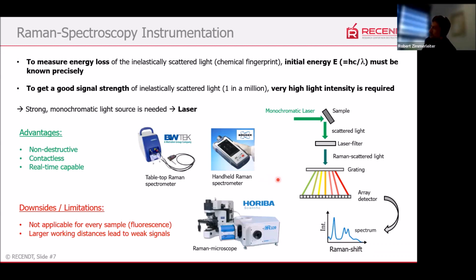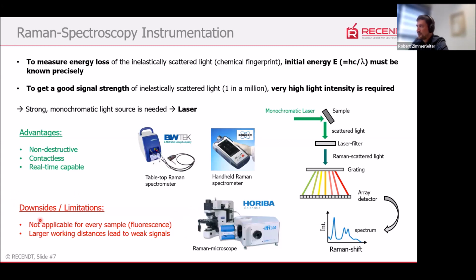This is a nice measurement technique with many advantages, which make it usable in many industrial applications, and it has been used for decades now. The advantages are that it is non-destructive, contactless, and also real-time capable, so it's very comparable in some ways to infrared spectroscopy. It also has, of course, as everything, some downsides and limitations.